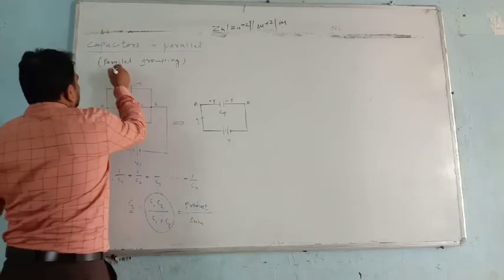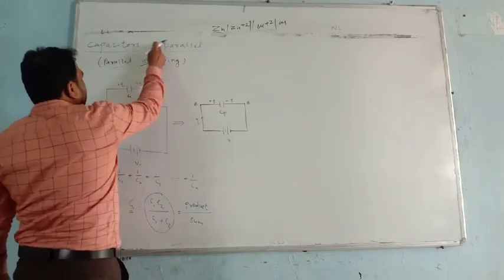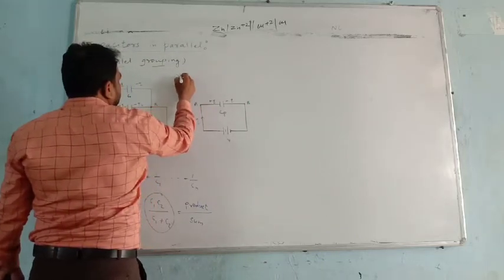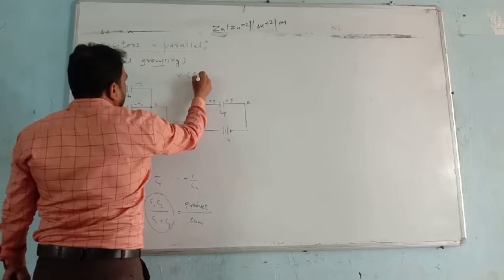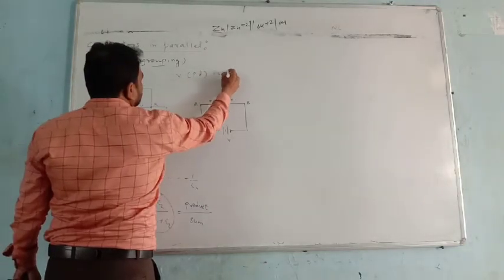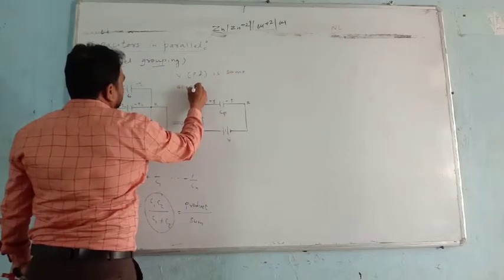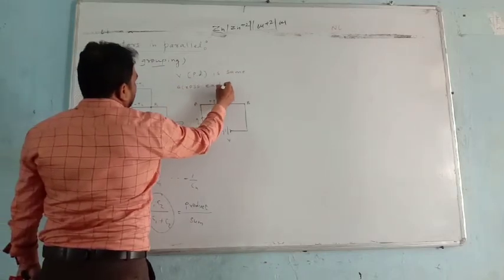So in parallel grouping, or we can say capacitors in parallel, what does the potential difference V stand for? The potential difference is the same across each capacitor.